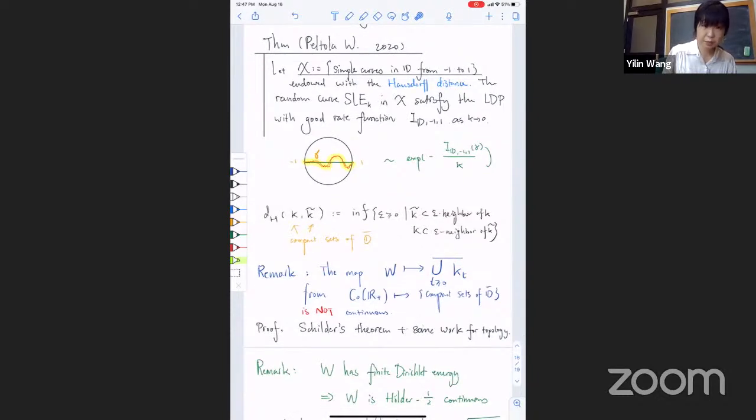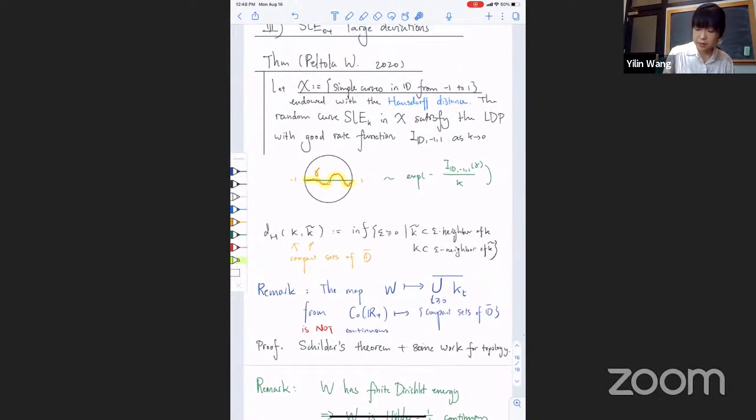This is not a continuous map. Actually, for a large deviation, if you have a continuous map, it is not hard to transfer the large deviation on the beginning part to the image part. But here, this map from the driving function to the curve itself, especially when endowed with the Hausdorff distance, is not continuous at all.